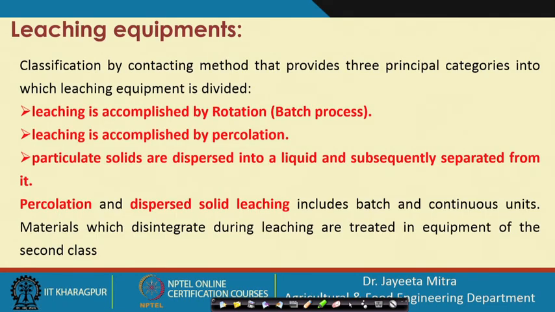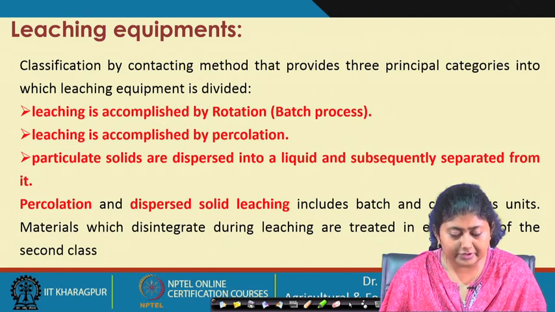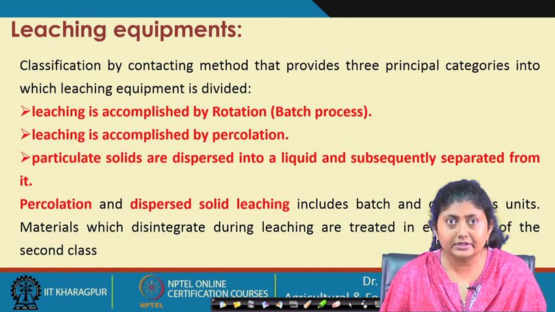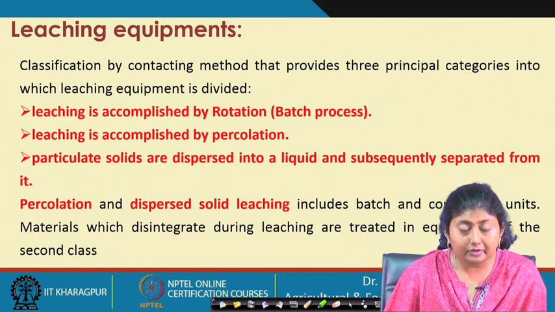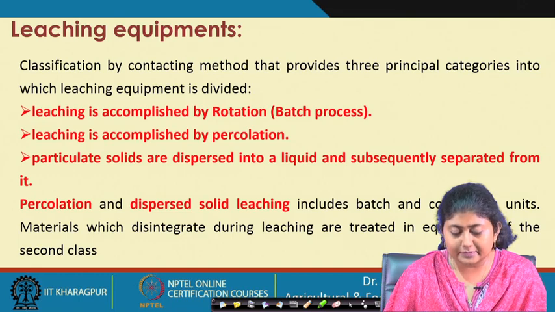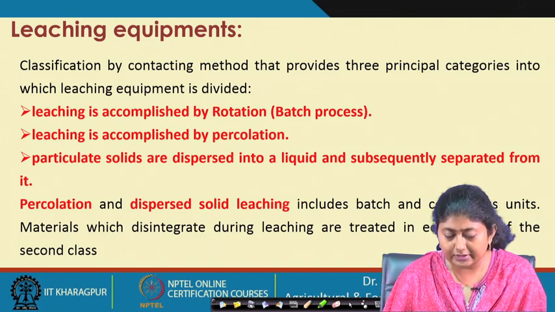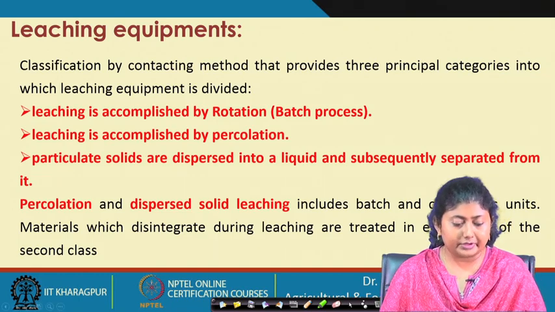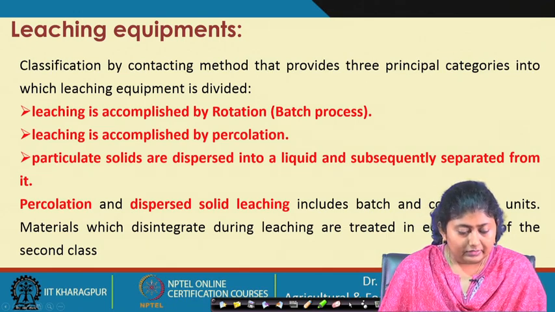Now, classification by contacting method, that is, by contacting of the solvent with the particulate solid, provides three principal categories into which the leaching equipment is divided. First, leaching accomplished by rotation, which is a batch process; then it may be accomplished by percolation; and particulate solids may be dispersed into a liquid and subsequently separated from it. Okay.